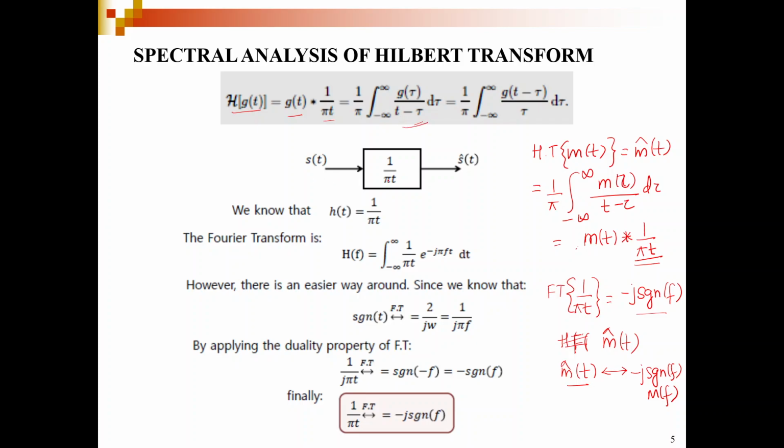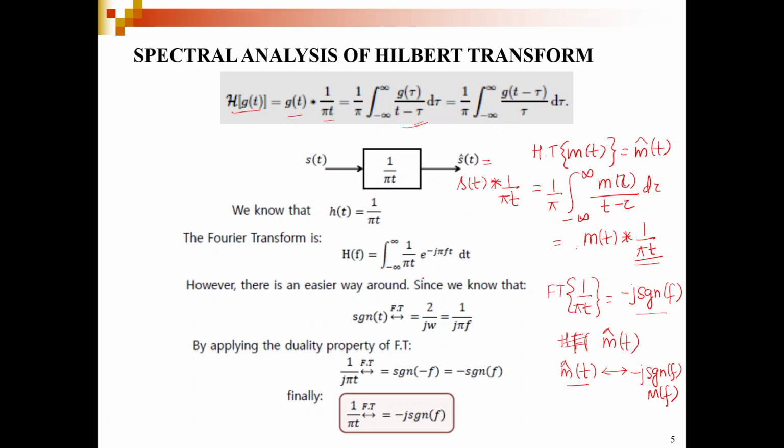So this Hilbert transform is visualized as a filter, or you can say a wideband filter, where when you pass the signal into a system with this transfer function, you are going to get s cap of t, which is nothing but s of t convolved with the Hilbert transform function, which is 1 over pi t.